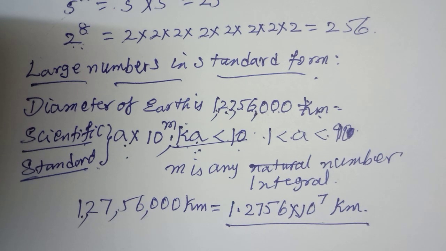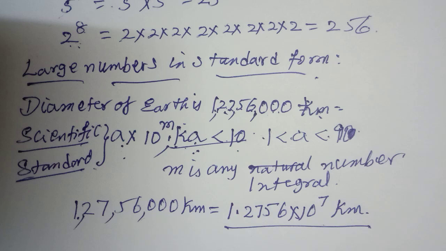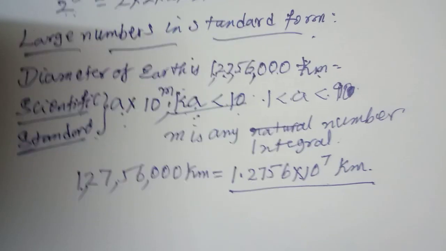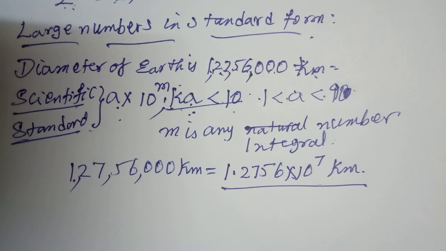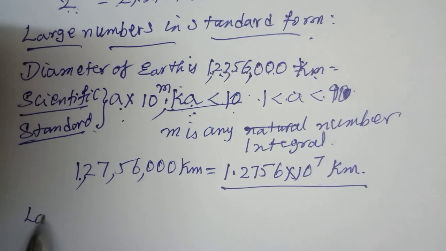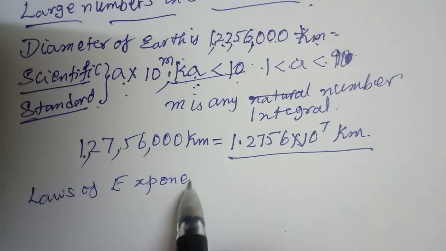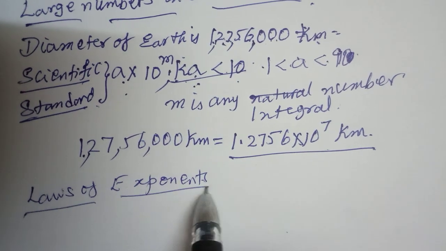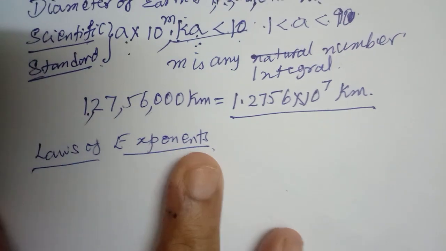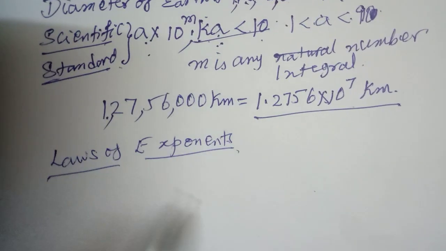Now let us get into the most important one. The laws of exponents, which we have read in our last class, in 7th class. So what are the laws of exponents?